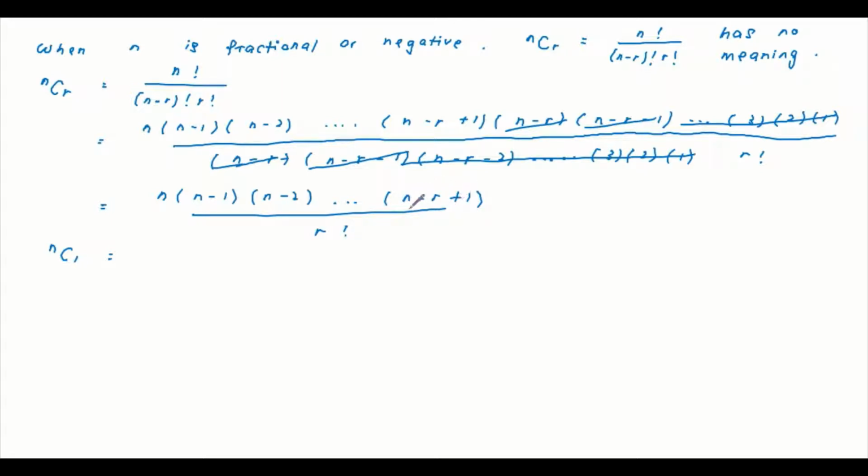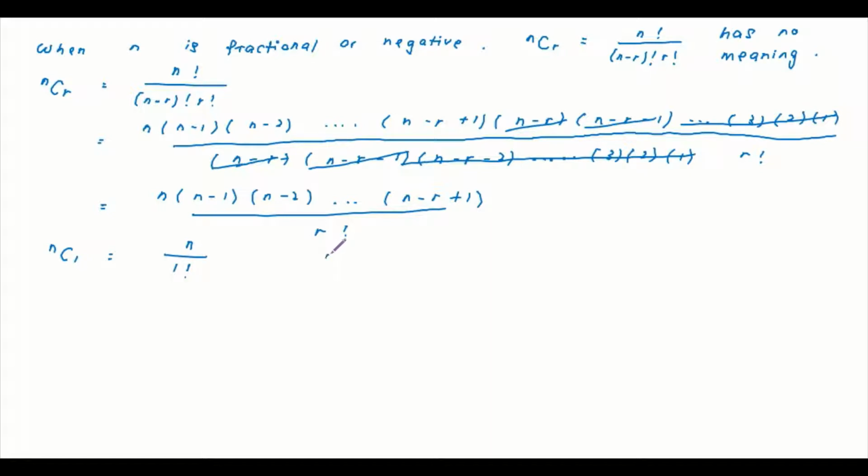I have n. So from n to n, you only have n. You get what I mean? This thing can only continue if this number is like n minus 5, then you need to do n minus 1, n minus 2, n minus 3, n minus 4, n minus 5. But now your r is 1, so when you substitute 1 here, you get only n. Then after that, your r is 1 factorial.